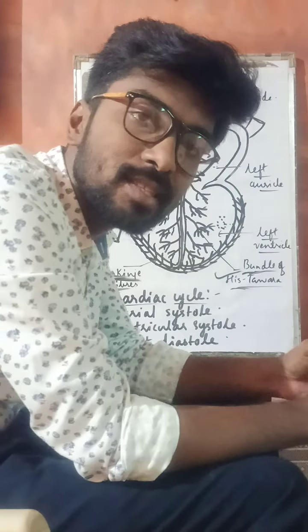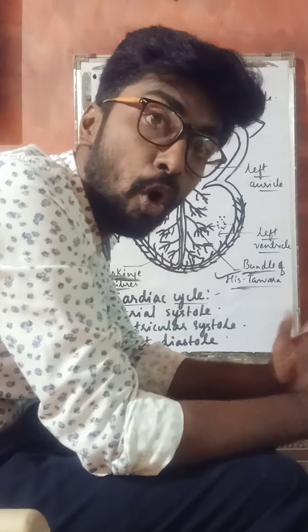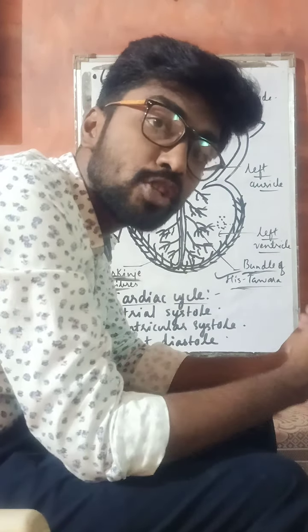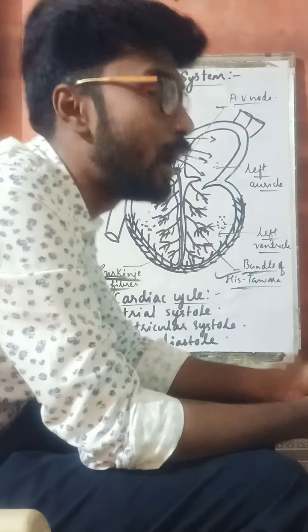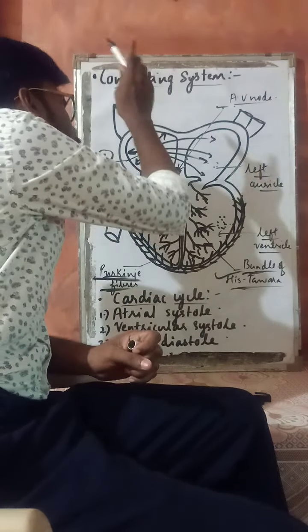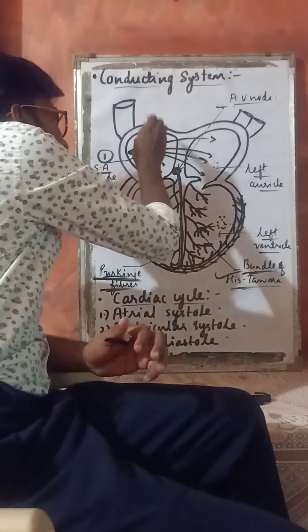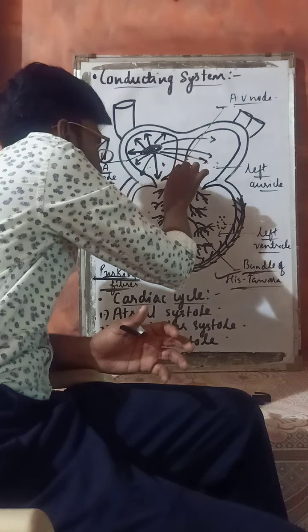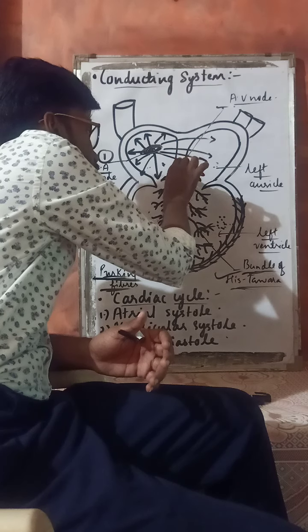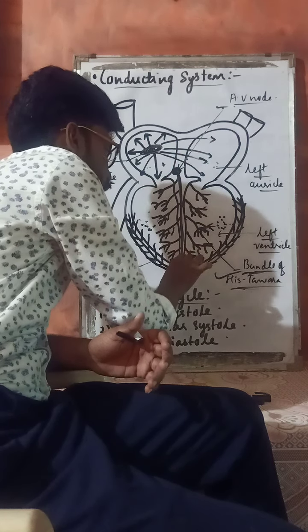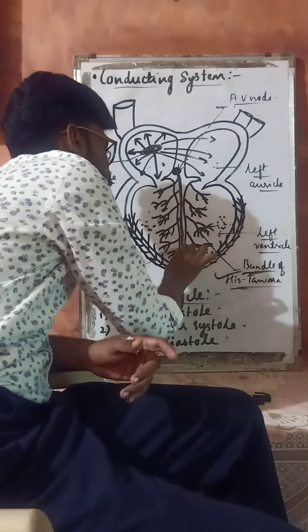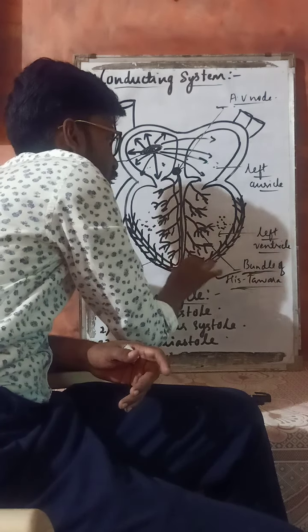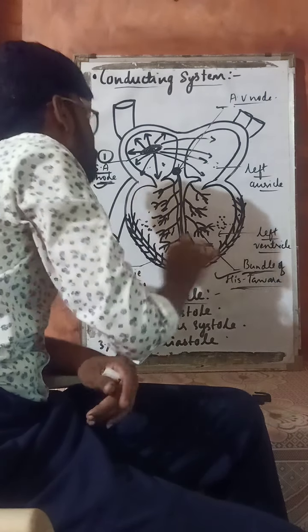Okay, so you can see that there is a flow of impulse, right? Transmission of impulse step to step हो रहा है. That is, the impulse originates from the SA node. From the SA node, the impulse travels through the AV node. From the AV node, the impulses travel through the bundle of His Tawara, and from the bundle of His Tawara, the impulses travel through the Purkinje fibers.